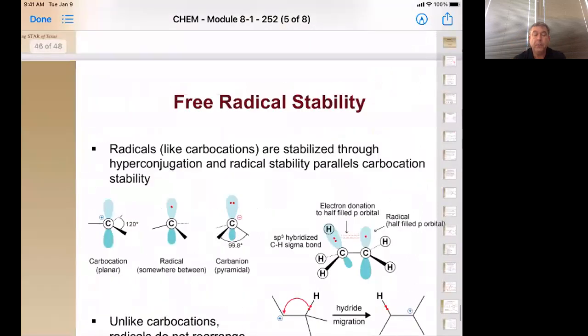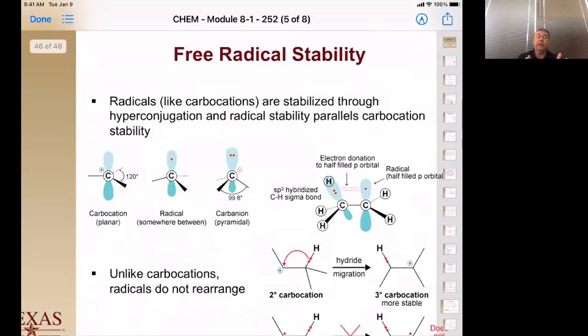Okay, so radicals have the reverse stability of carbocations, okay? Because they're closer to carbanions than carbocations. And it's because they're stabilized like carbocations by hyperconjugation.